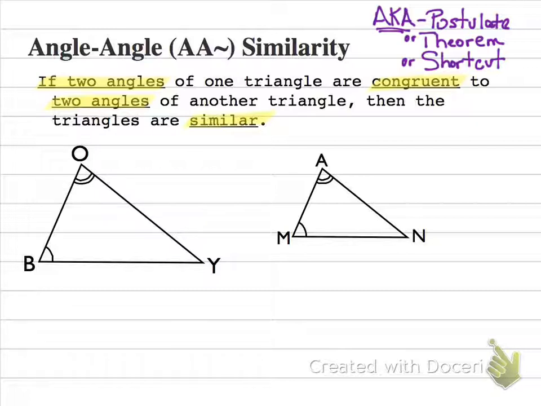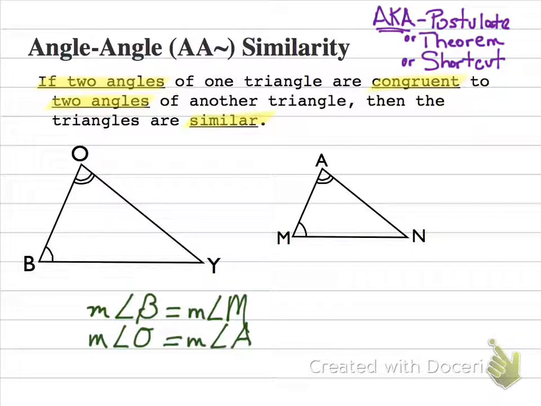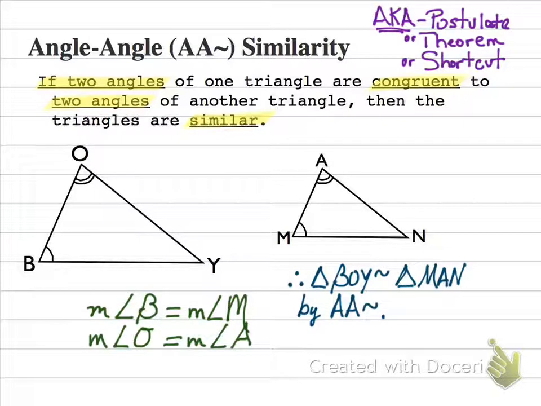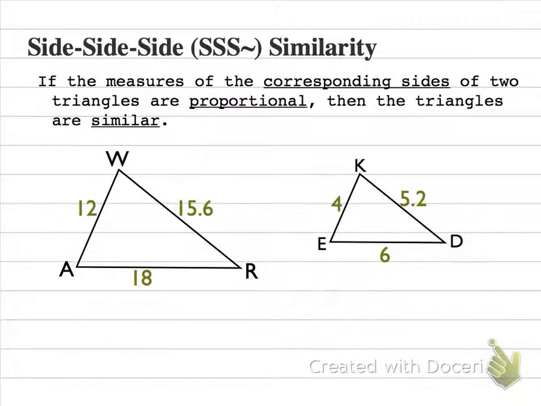As you can see right here, we have angle B is congruent to angle M, and angle O is congruent to angle A. Therefore, triangle BOY is similar to triangle MAN by angle-angle similarity. If you've got any questions, write them down now so you won't forget to ask me tomorrow.